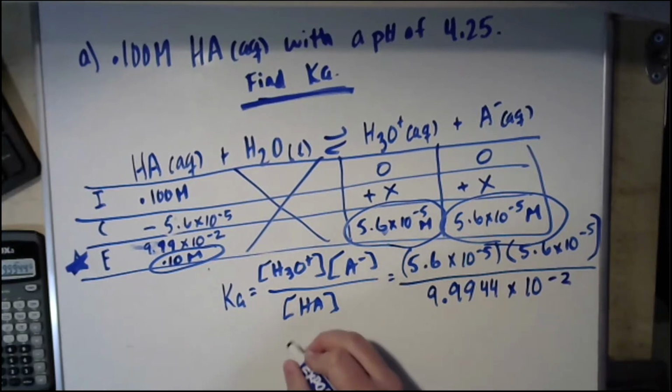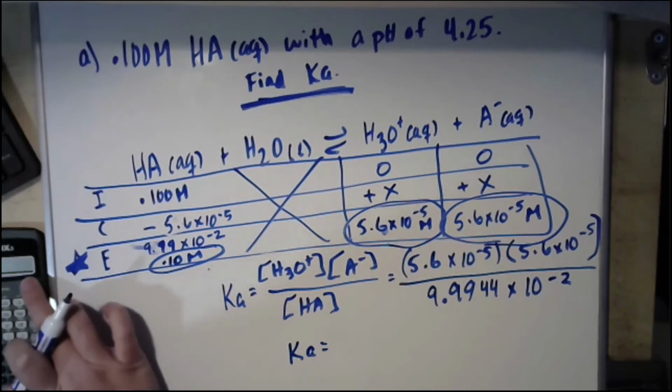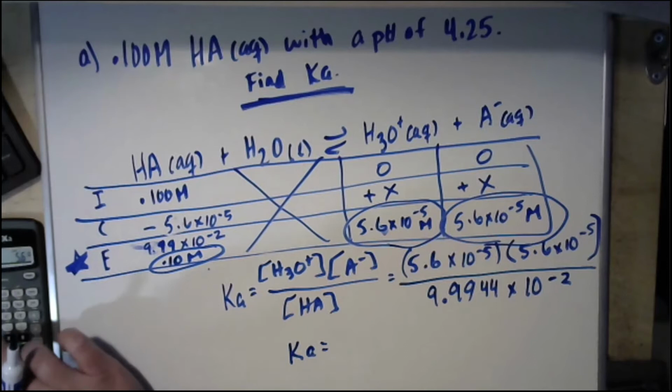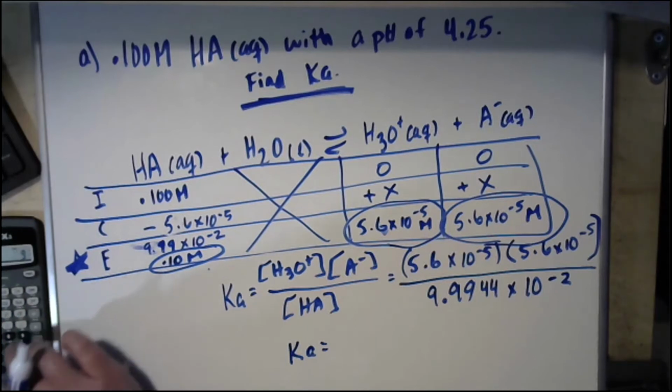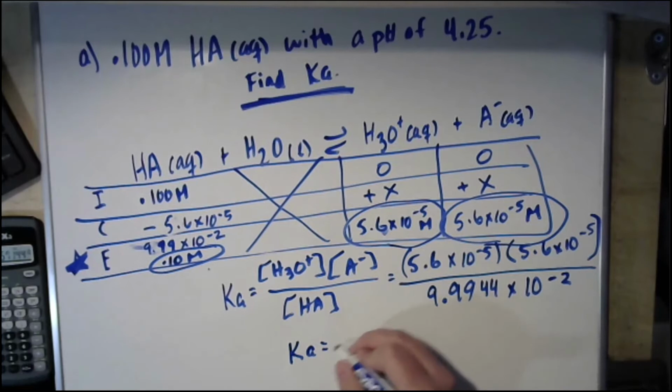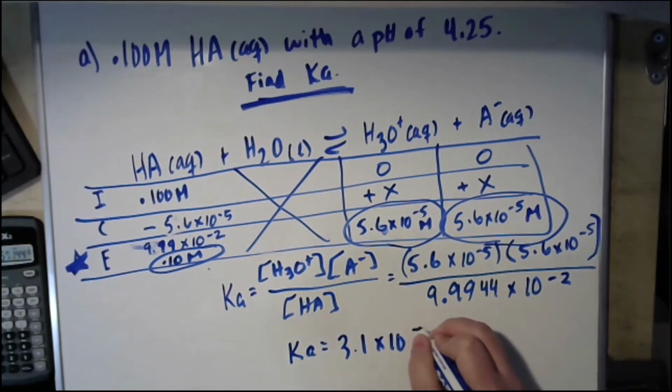Okay. All right, we end up with a Ka value of 3.1 times 10 to the negative 8.